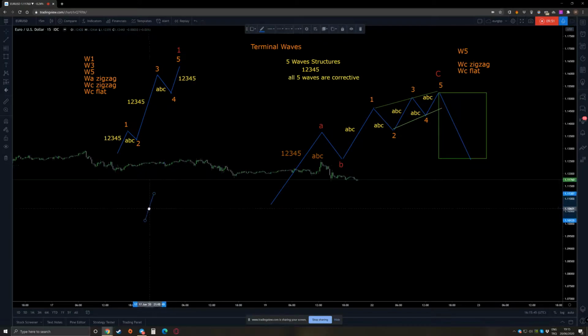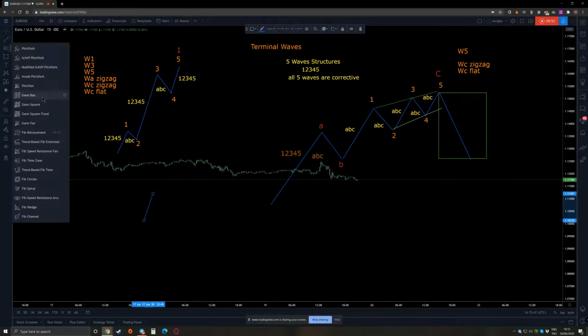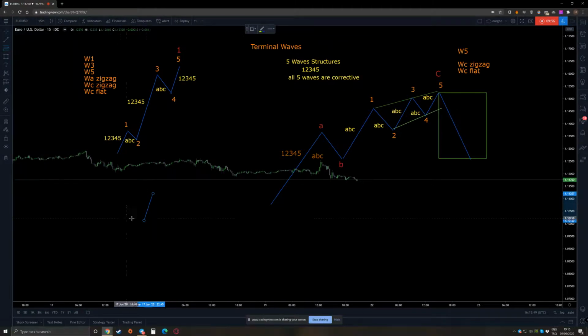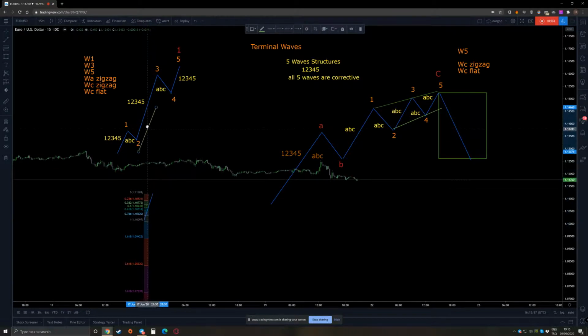Yes, we take, let's say, 5, and we take our fib tool just like here, and we put it here, and we took 161.8 out of it, and look, we compare our third wave and what it should be minimum, and you can see our third wave is bigger than this, so it means we are good. So it means that the third wave is extended.